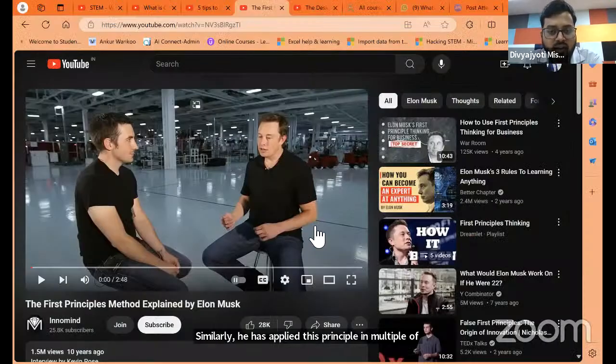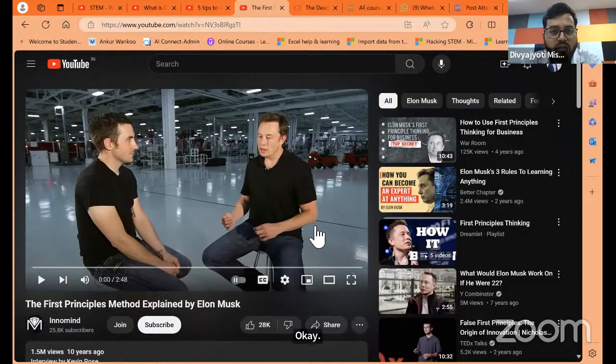Similarly, he has applied this principle in multiple of his ventures. Like you might have heard about one of his ventures called SpaceX. So he has planned to send missions into space using his own company called SpaceX.